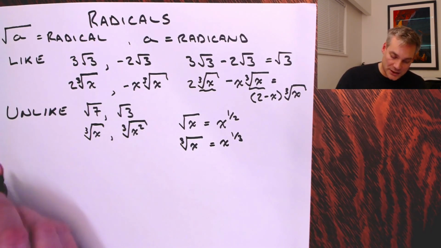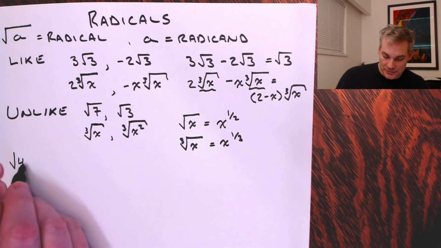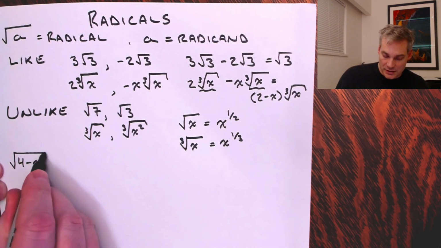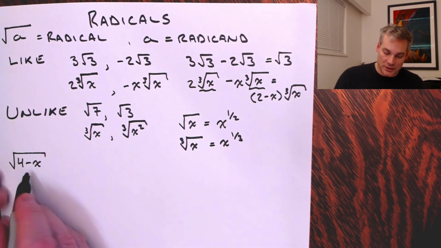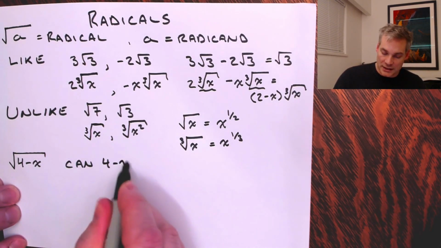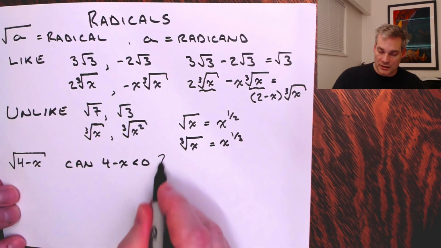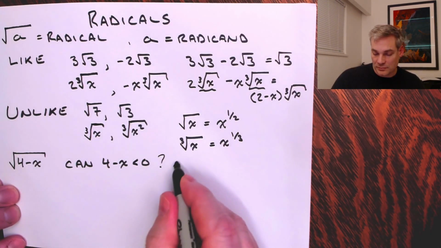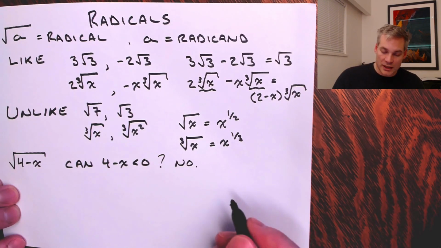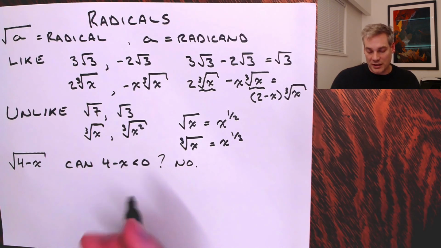Now, here's something else. Can we have a negative under the radical? So can 4 minus x be less than 0? And the answer is no. That's because the radical is saying, what is the root of this?